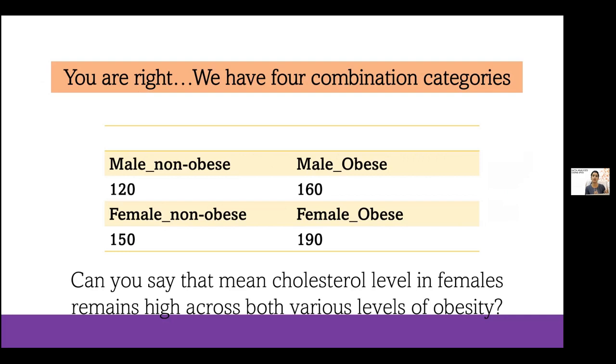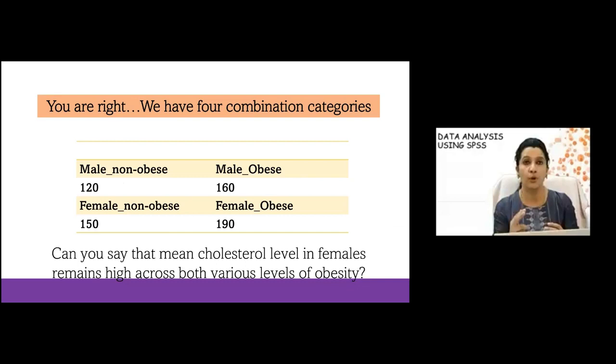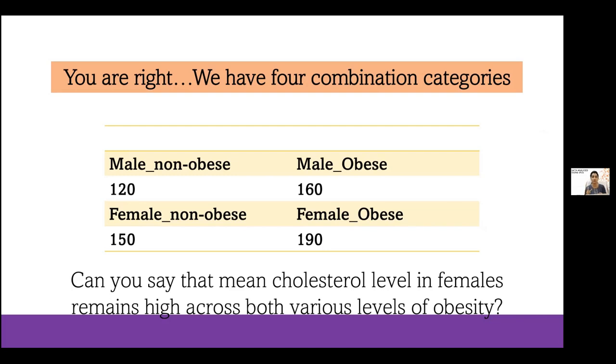Here both are having two categories, male and female, obese and non-obese. Are you clear up till this point regarding the categories, how this combination is working?